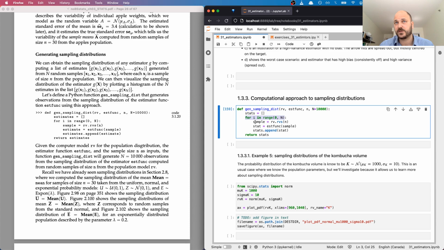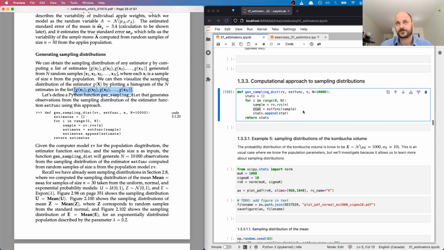For each, this is how you generate a random sample of size n from this population. Then you compute the estimator from that sample, which should really be called estimate. And then we just collect a list of these observations, the estimates. I need to update the notebook to use that better name.